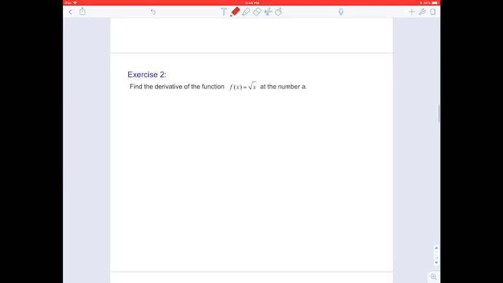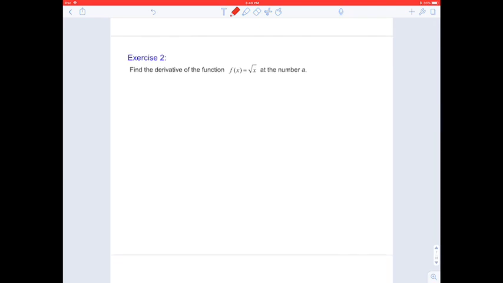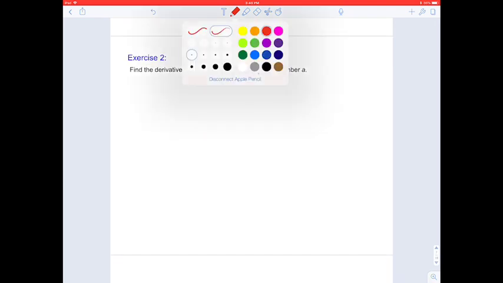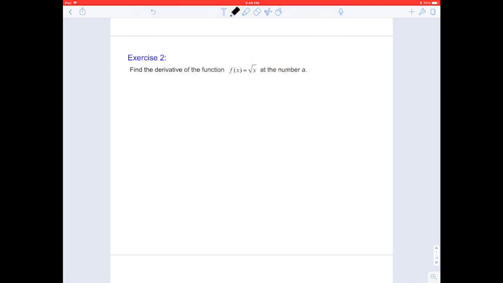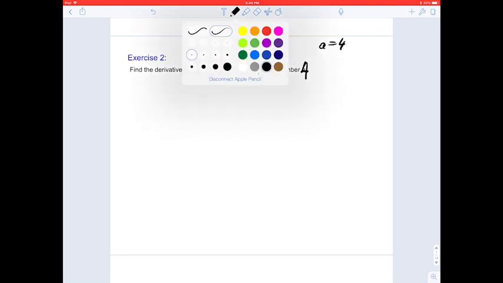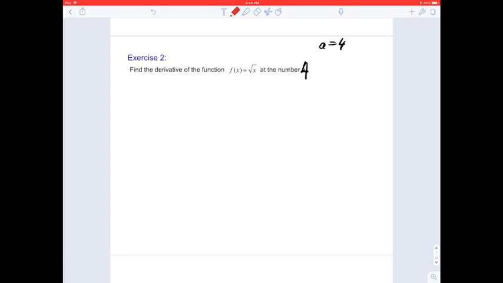Okay, let's do another one. Maybe this one, I will change one thing and I will say, let's find the derivative at 4. That means my a value is 4, just to have the exact point. Find the derivative of the function f of x equals square root of x at the number 4.